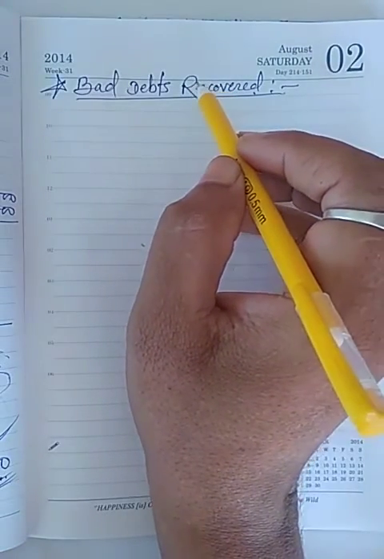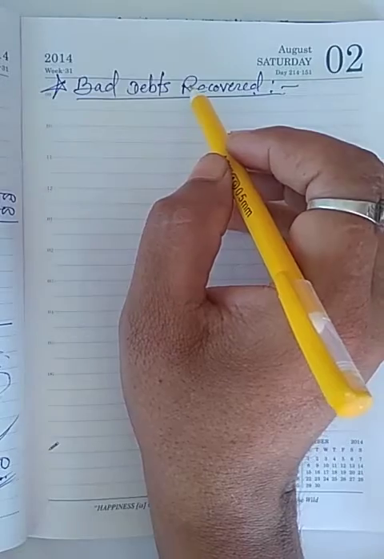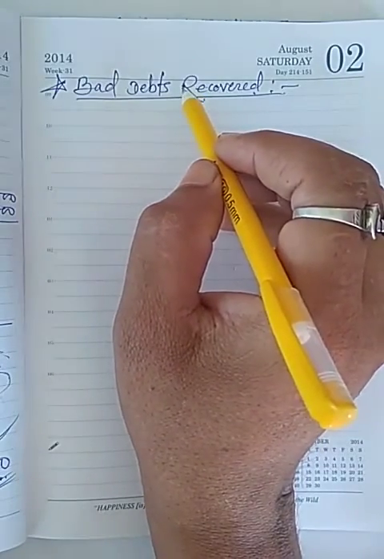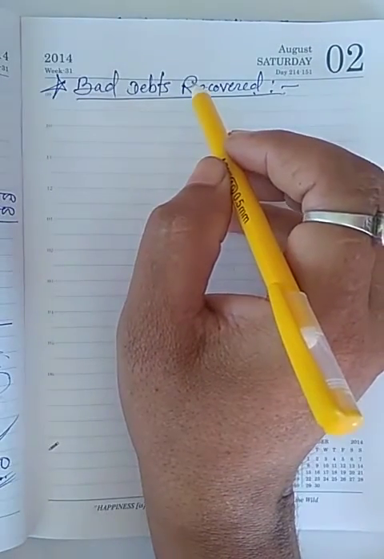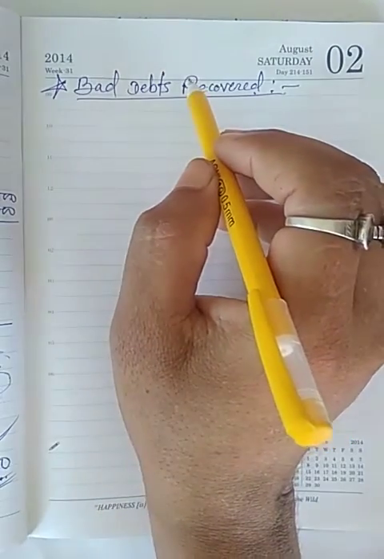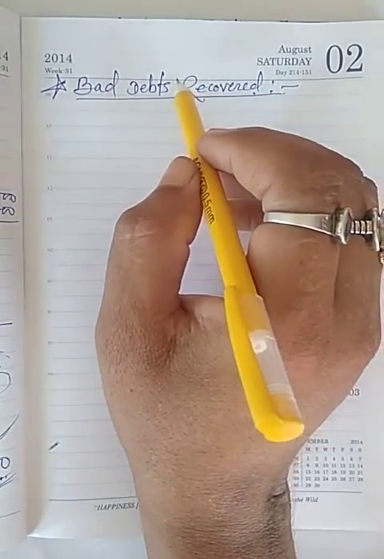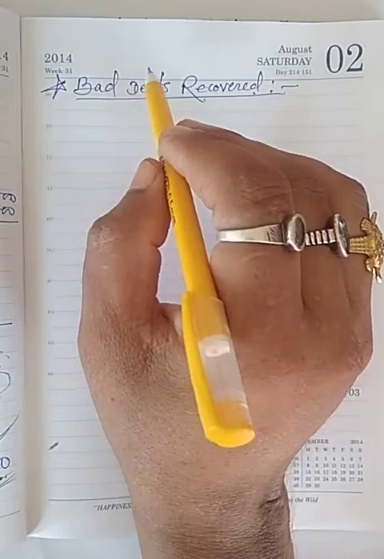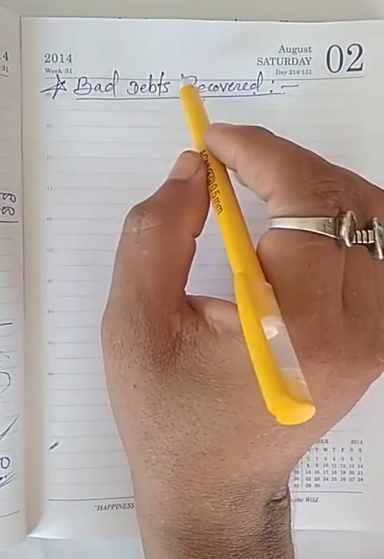Care should be taken that the personal account of the debtor should not be credited, because the debtor's account must have been credited while passing the entry for bad debt.